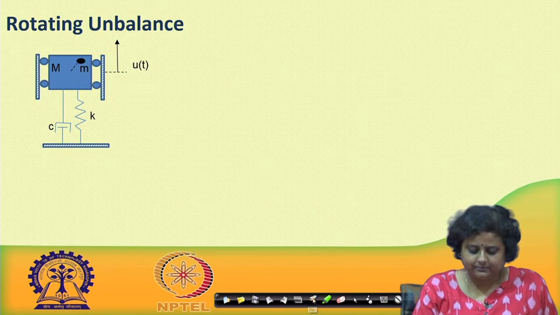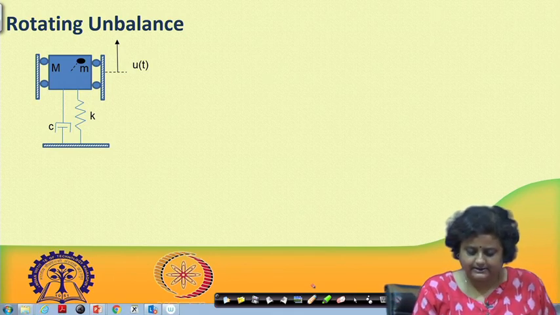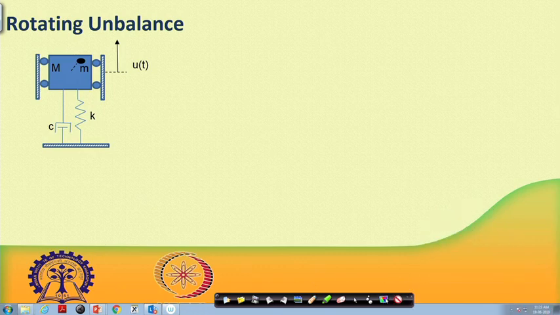So, in this figure that I have drawn, I have given this black point mass here, whose mass is m.